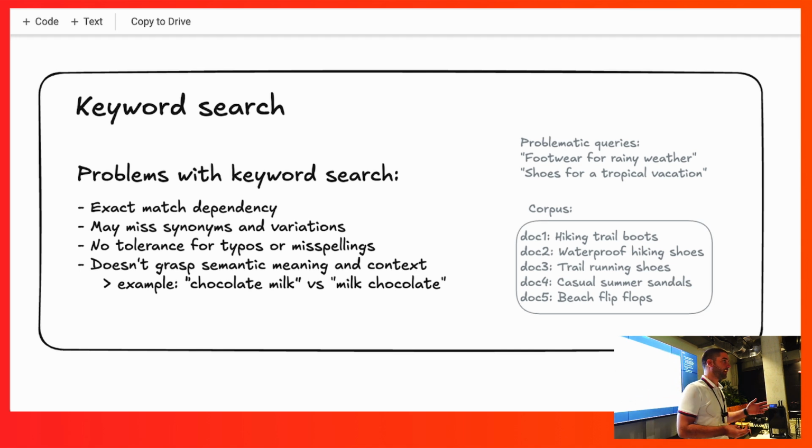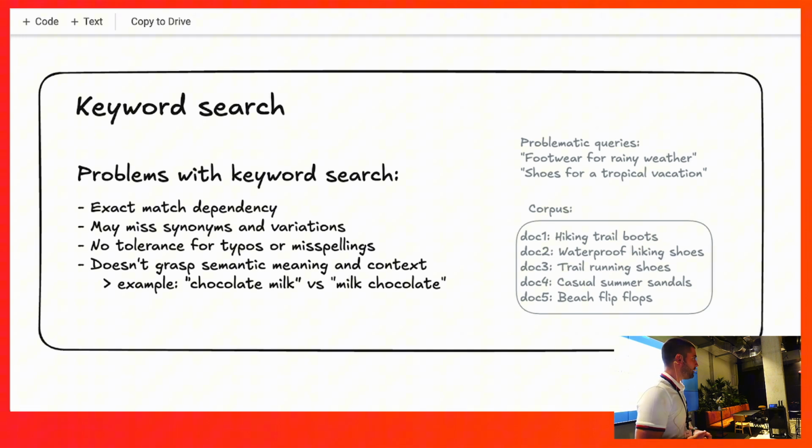So for example, if we have synonyms, some variations of the token, we just won't fetch relevant documents, and we will miss results that are actually wanted. And systems like these are not tolerant to typos and misspellings, so you can imagine that if you miss just one letter from the word, that word just won't be matched and we won't get results.